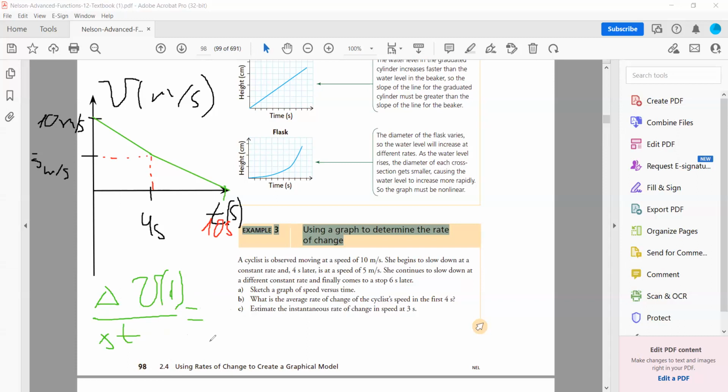At 0 seconds, our speed was 10 meters per second, and at 4 seconds after, it's 5 meters per second. So it will be 5 minus 10. We subtract the beginning from the end, so 5 minus 10 divided by 4 minus 0, which gives us -5 divided by 4.